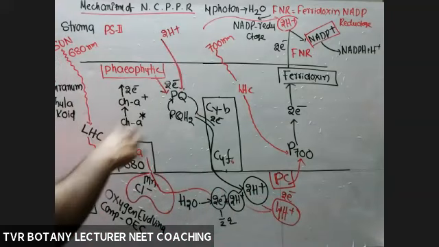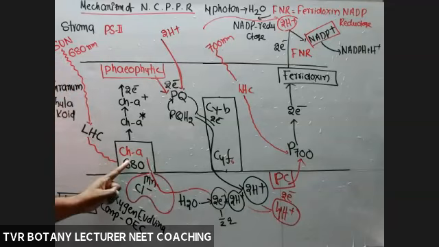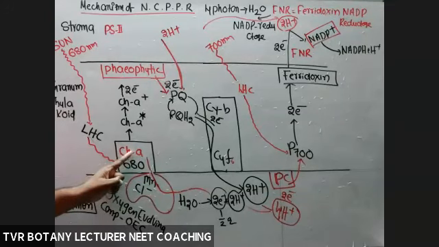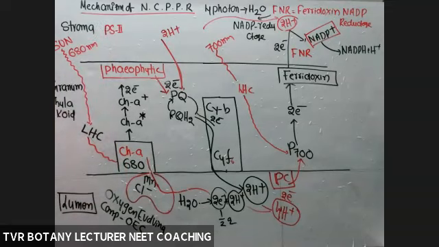What about again a recap of all these things? So non-cyclic electron transport system is initiated by red light with 680 nanometers. So red light with shorter wavelength is able to initiate non-cyclic electron transport system by increasing energy levels of electrons present in chlorophyll A, that is the reaction center of photosystem 2.